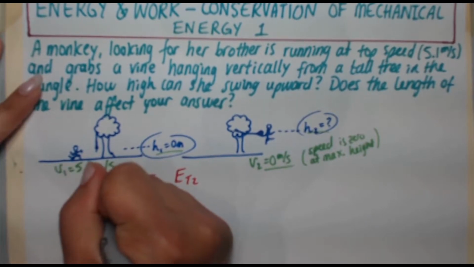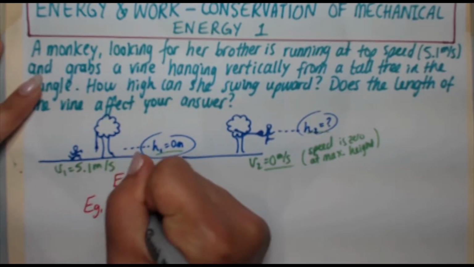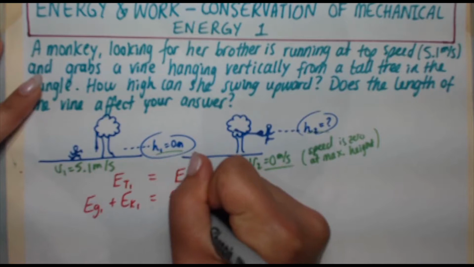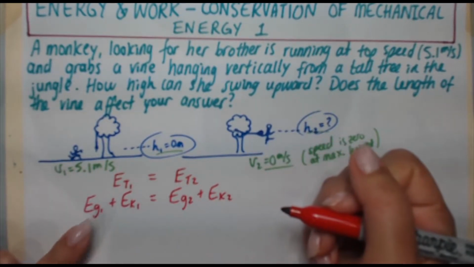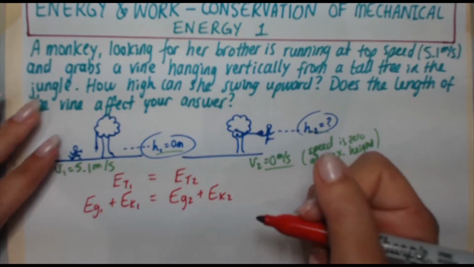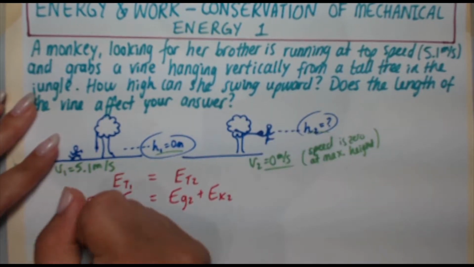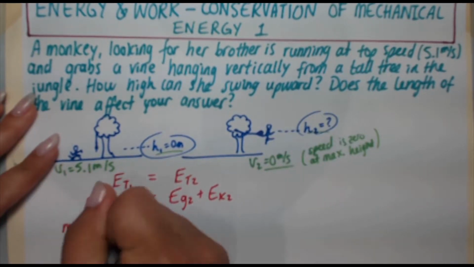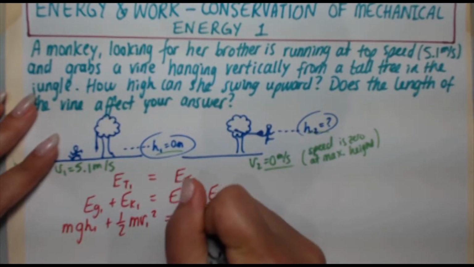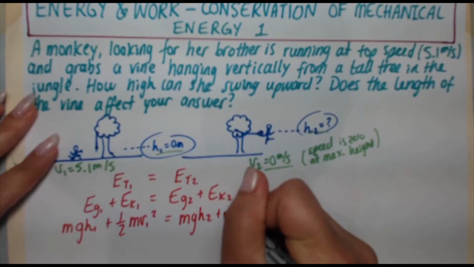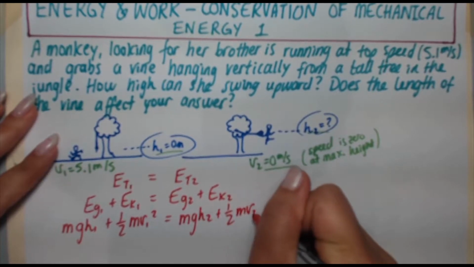So EG1 plus EK1 equals EG2 plus EK2. The formula for gravitational potential energy is mgh, so it's going to be mgh1 plus 1/2 mv1 squared equals mgh2 plus 1/2 mv2 squared.